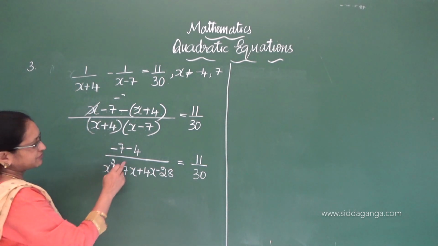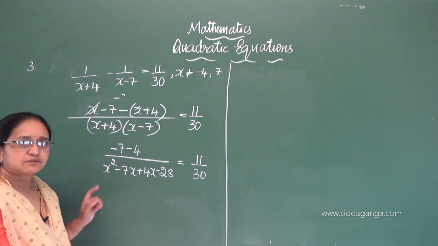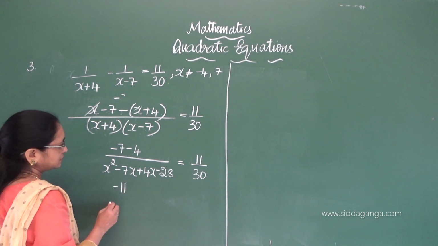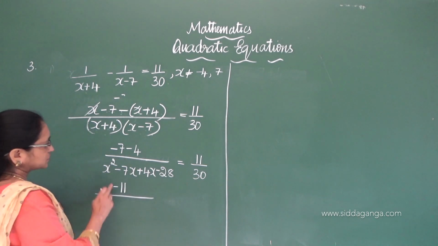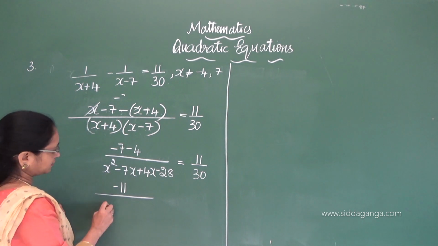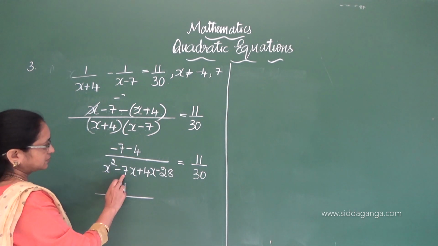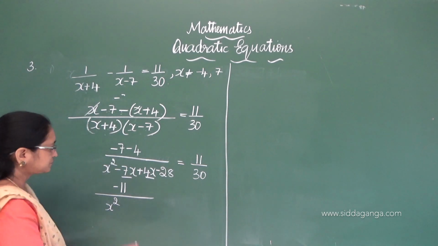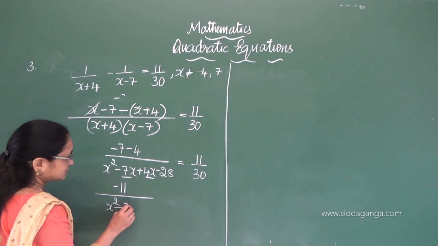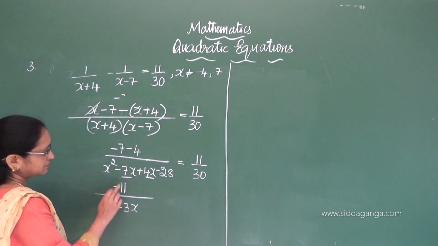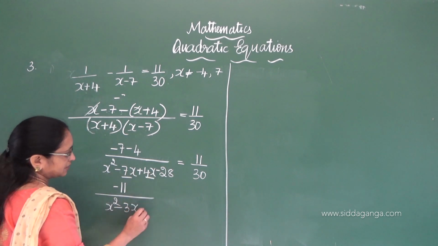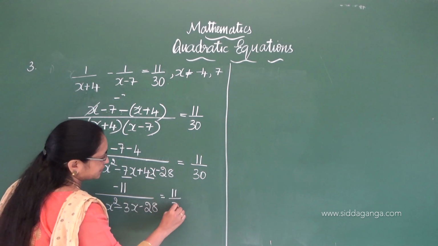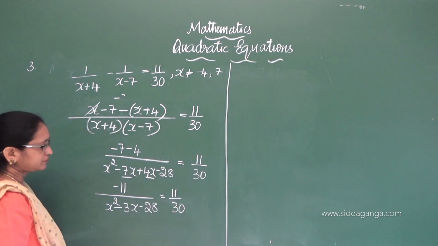Now let us simplify here only. 7 minus 4 gives you minus 11 divided by. So here what will happen, x square, I will write x square. Here minus 7x plus 4x gives you minus 3x, and minus 28 is equal to 11 by 30.